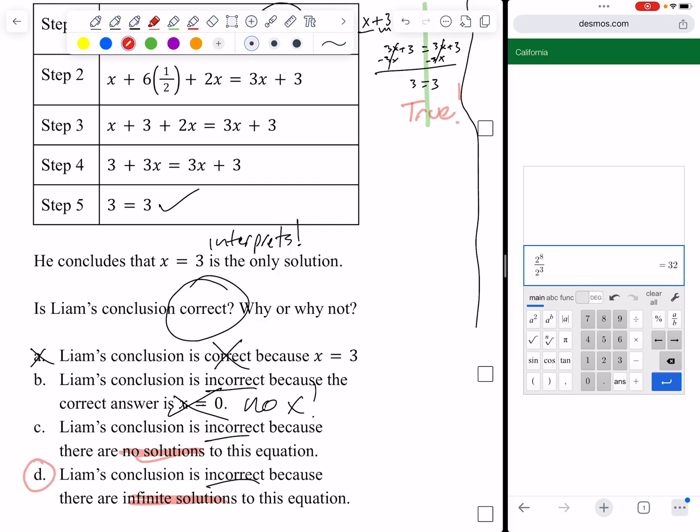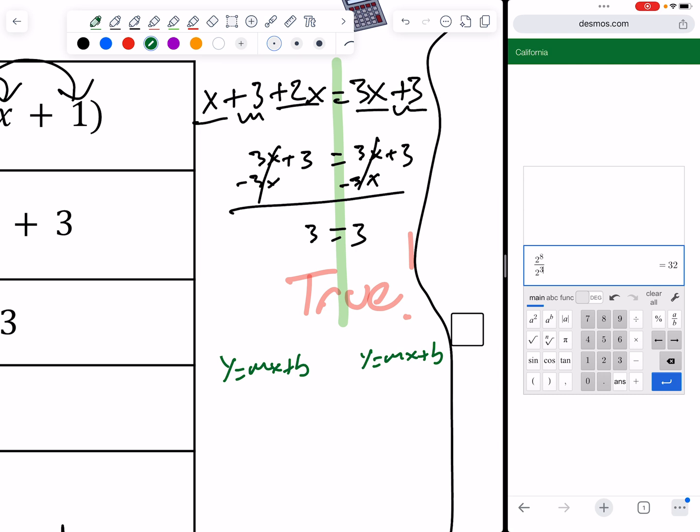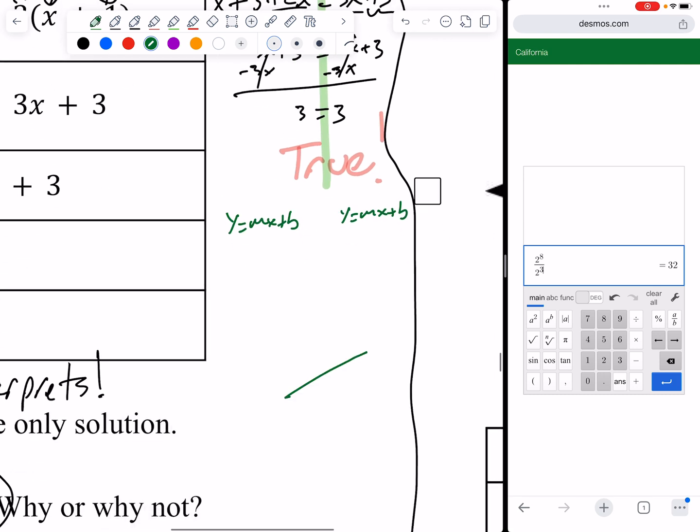Okay. Now remember my favorite equation of all time. Just a hint, hint. Y equals mx plus b. Y equals mx plus b. So if they cross, that's one solution. If they never cross, that's no solution. Right? That means they are parallel. We talked about it earlier. And when do you get all solutions? When they are exactly the same.